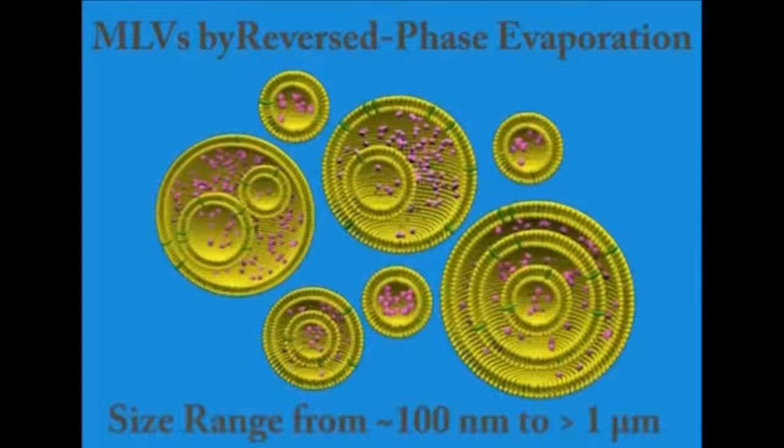Again, the temperature of the aqueous phase must be above the phase transition temperature of the lipid in order for liposomes to form. Unlike MLVs produced from a thin film, liposomes produced by reverse phase evaporation usually have one up to a few bilayers per liposome. Like freeze-thawed liposomes, these liposomes can be multivesicular.